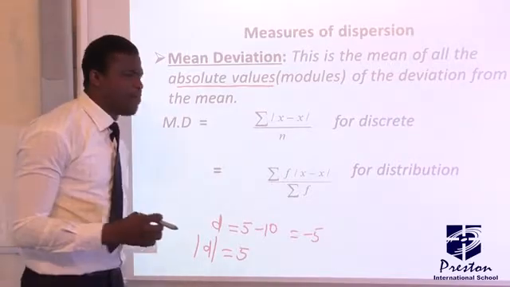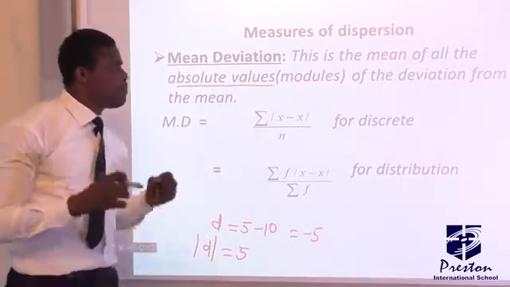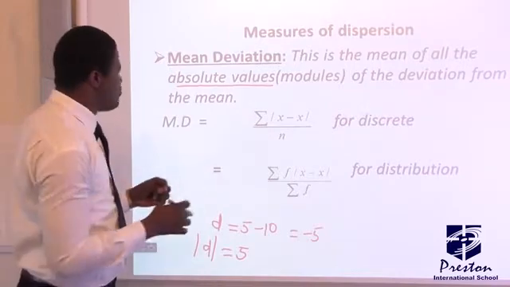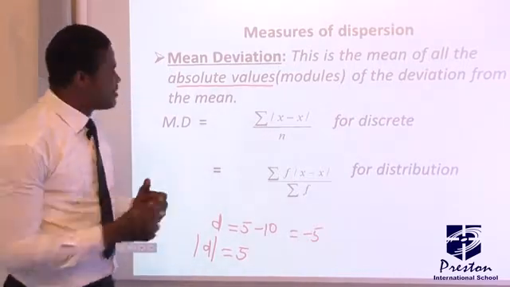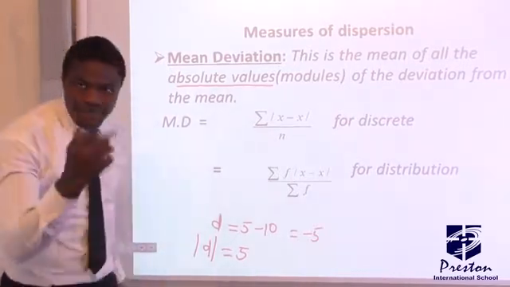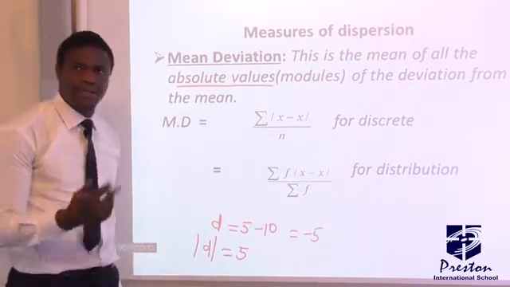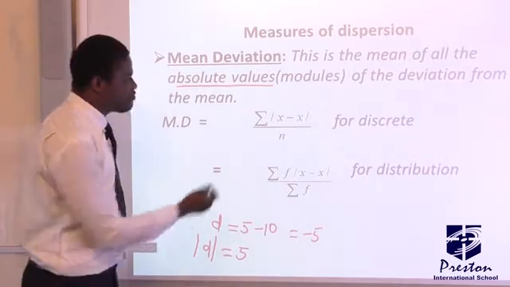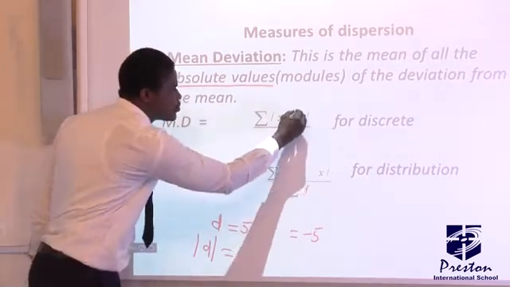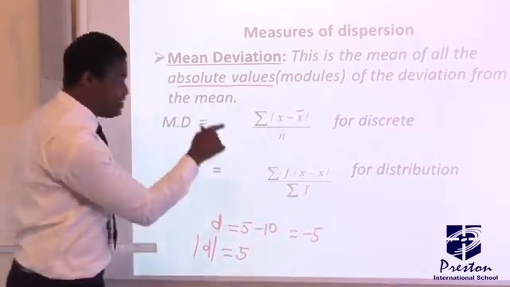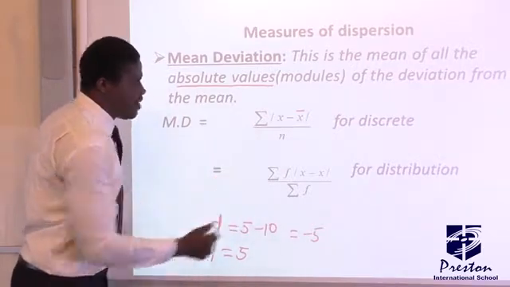Now, when we are talking about the mean of all the positive values of deviation, that is what we mean by mean deviation. And here is the formula to calculate mean deviation. For discrete data, we have summation of absolute value of x minus mean, that is deviations, over n.